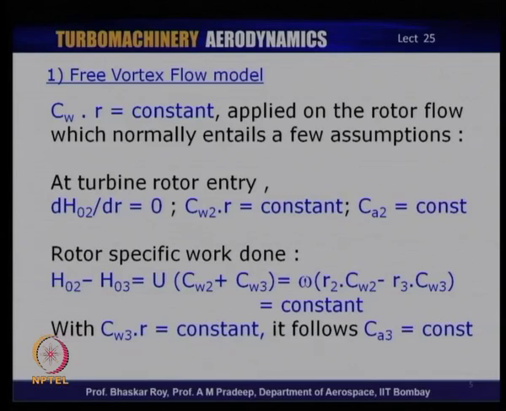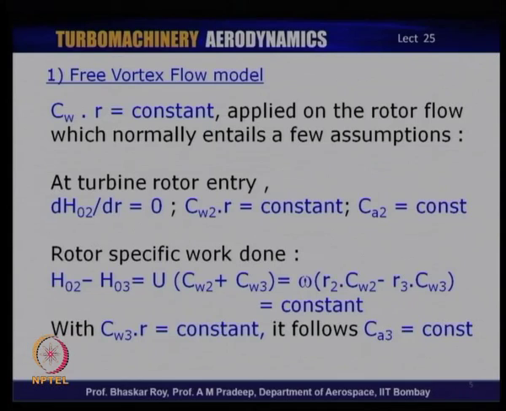That means it is a constant enthalpy or isoenthalpic flow through the turbine, and then of course one assumes that the flow going into the rotor, that is CW2 into R, equals constant. The rotor entry flow is indeed following the free vortex law.